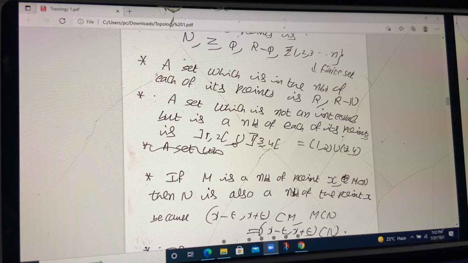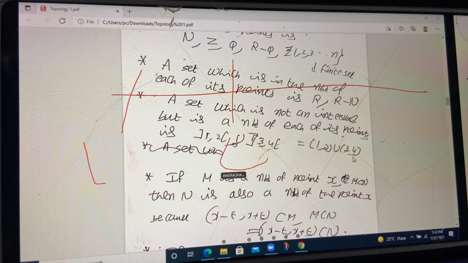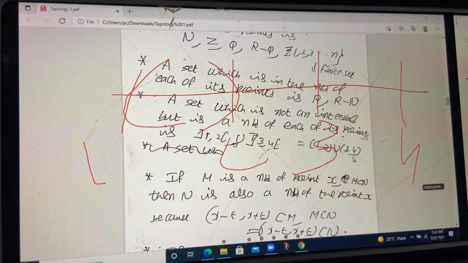You cannot write it as (1, 4), because 2 to 3 is not there. So here it is (1, 2) union (3, 4). How will you represent this as a set? When you plot this on the number line, this is 1, 2, this is 3, 4.